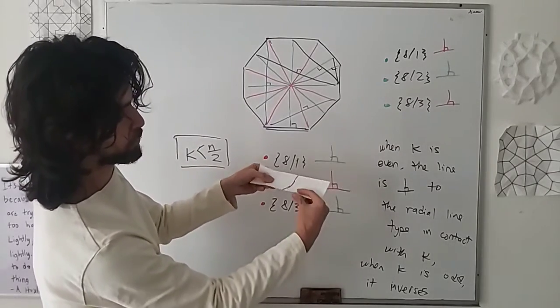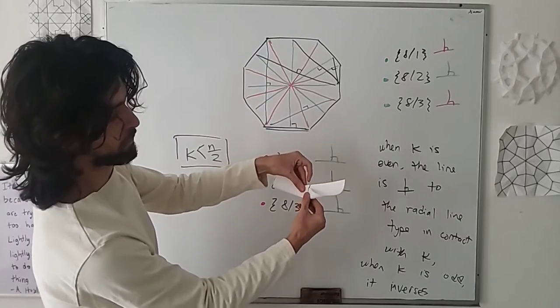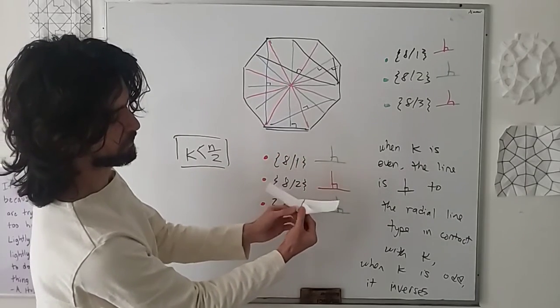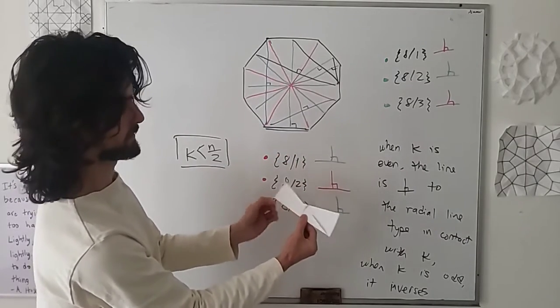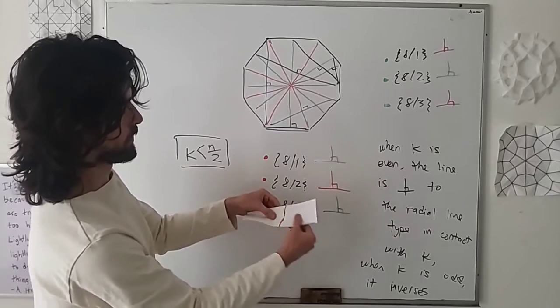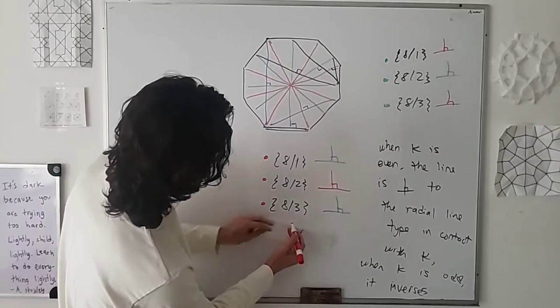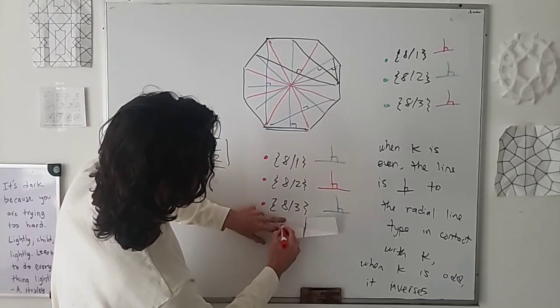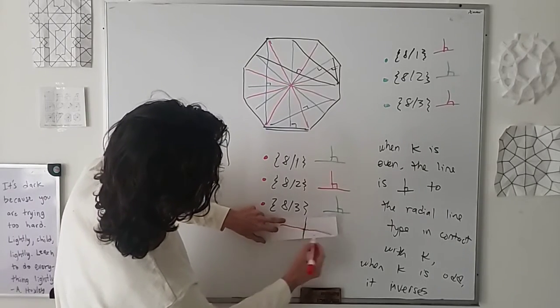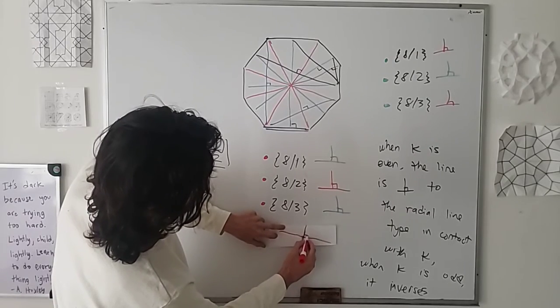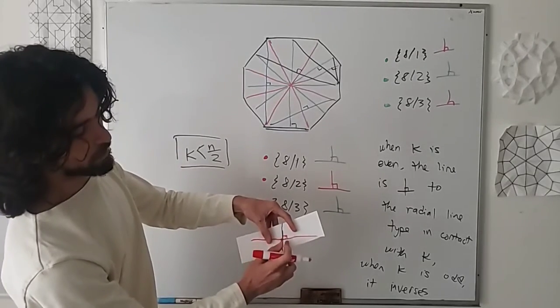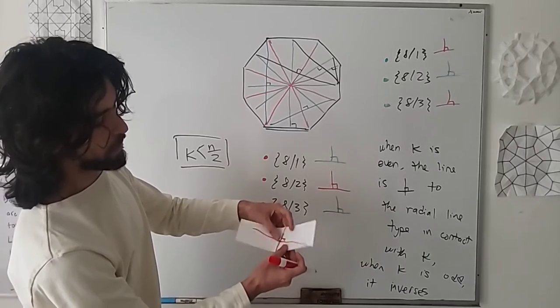If I fold this line onto itself, this line that I just folded, where the line falls on itself, these two lines are perpendicular. This is so badly drawn, but that's true.